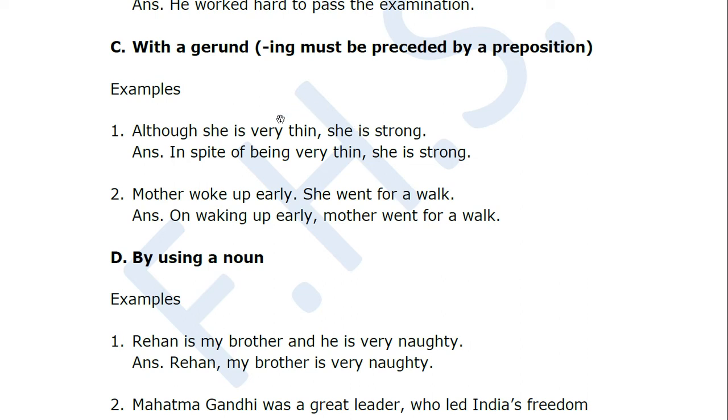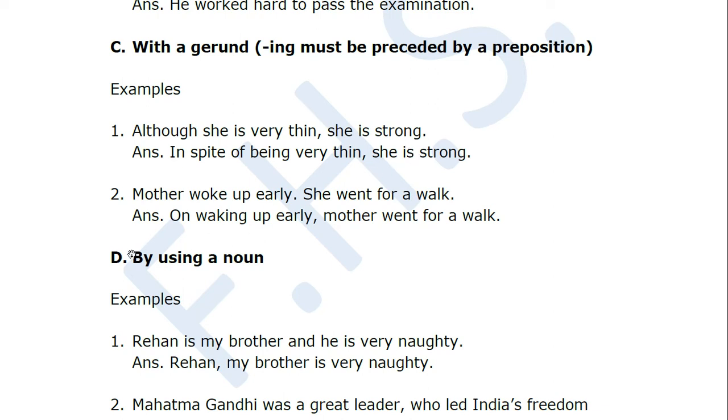So that's why you will use this preposition, in spite of. And then is becomes being. In spite of is your preposition which I told you to use, and is becomes being. In spite of being very thin, she is strong. So only one finite verb remains over here, is.